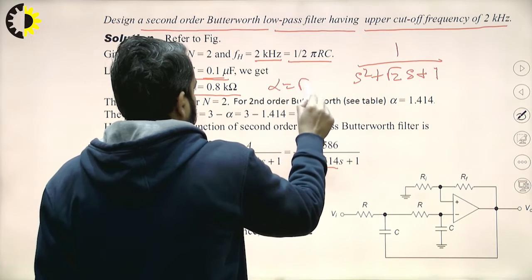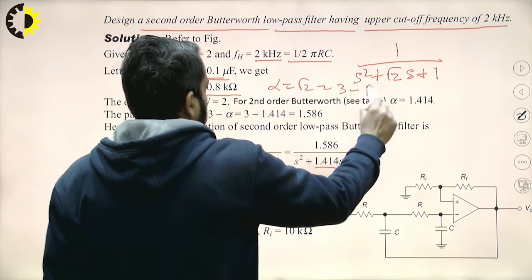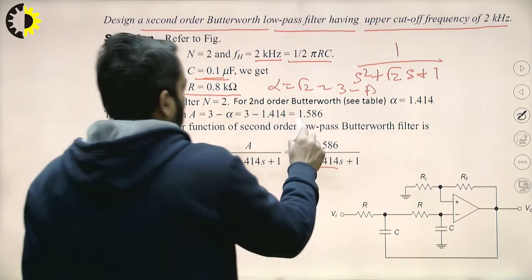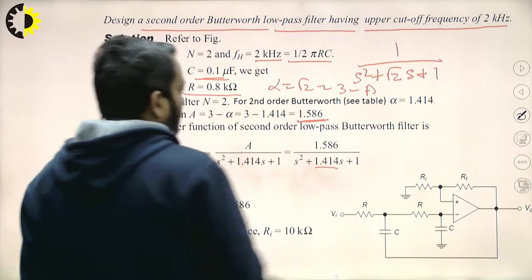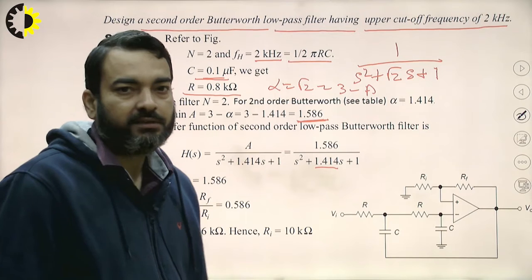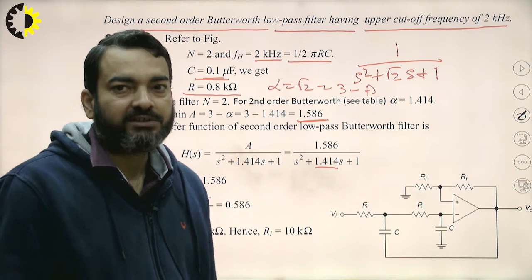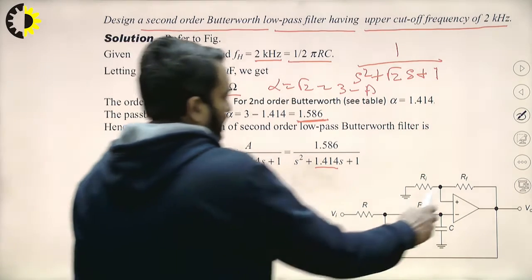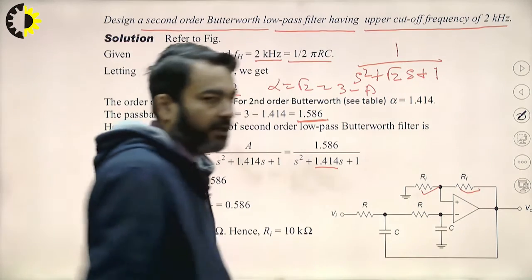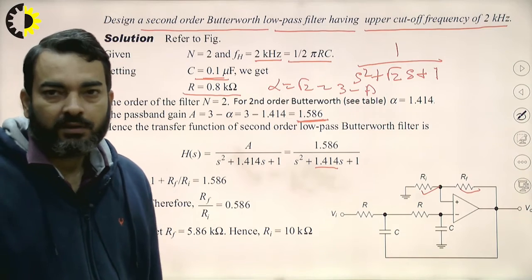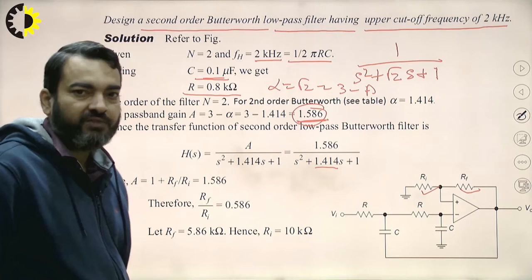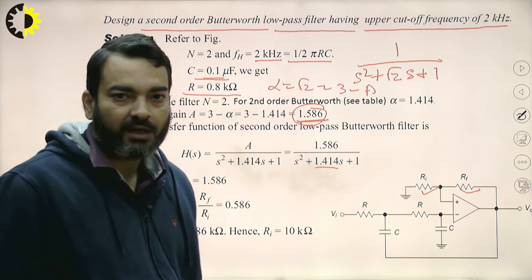By solving this, we get the value of A, meaning gain, as 1.586. What is the gain of the Sallen-Key LPF? That is 1 plus RF by RI. So 1 plus RF by RI is equal to this much, and we can get the ratio RF by RI.